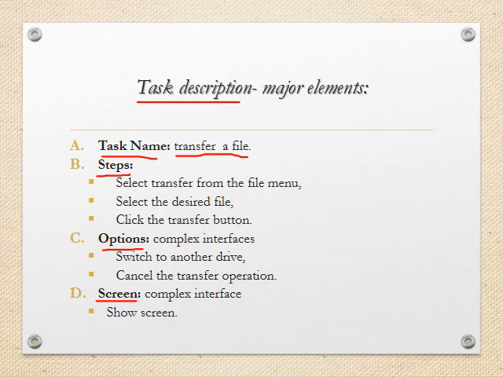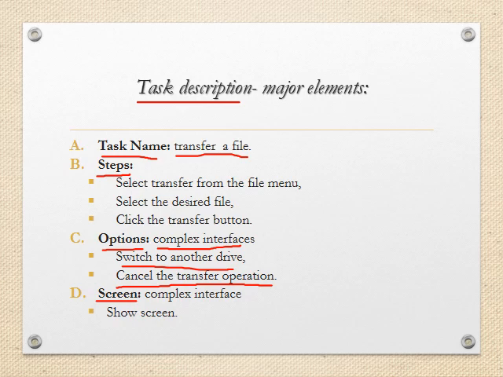Now, what options or alternatives might we have? Sometimes we might have a complex interface. We might need to switch to another drive because the file we are trying to transfer is not in the default drive. For example, you might need to cancel the transfer operation while it's transferring. So these are the alternatives or options we might need during the process.